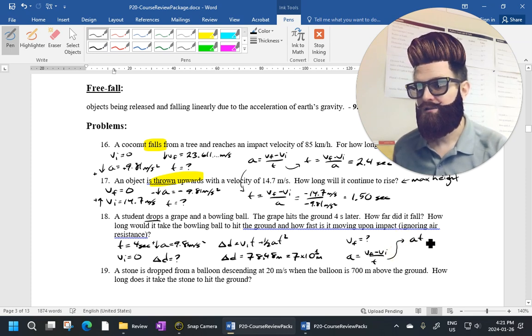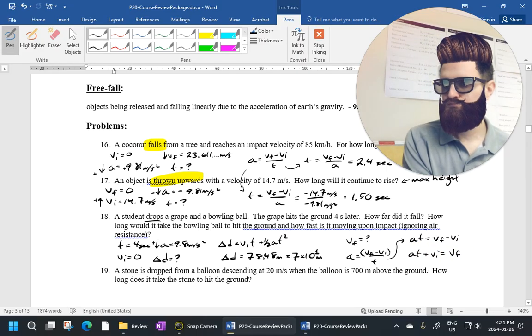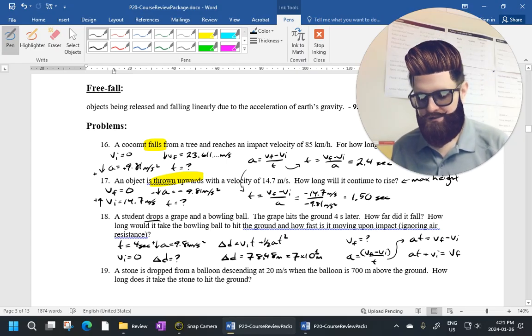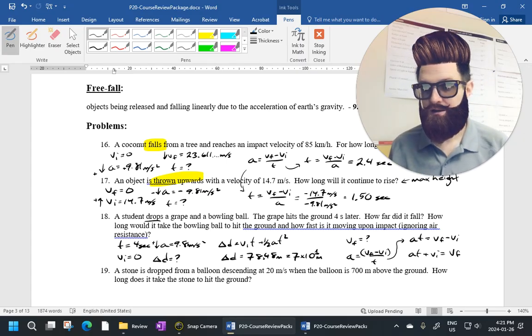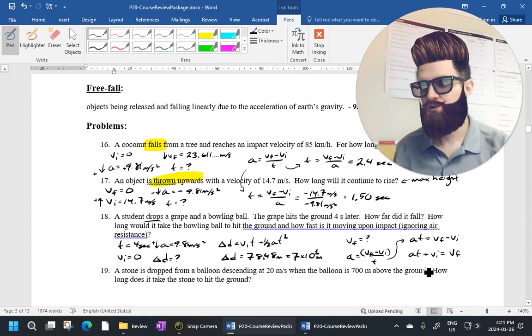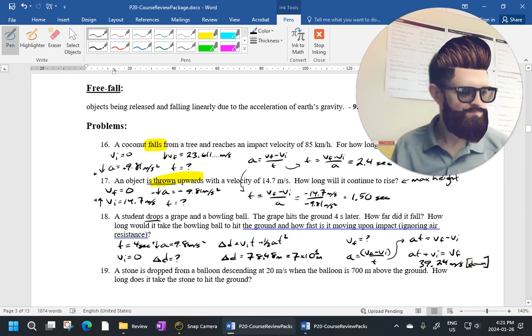So I'm going to times the t first, sorry, and then add over the vi. Okay, and then just adding over 0, honestly, but 9.81 times the 4. So it's going to hit the ground at 39.24 meters per second. This is down, right? It's just not fast, but I'm going to put direction in just to be safe.